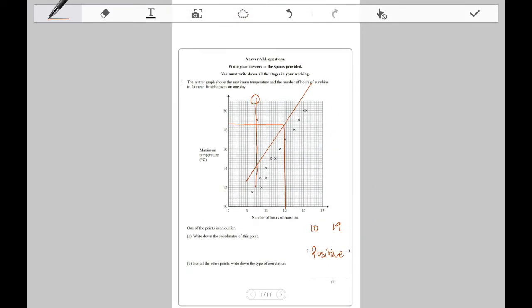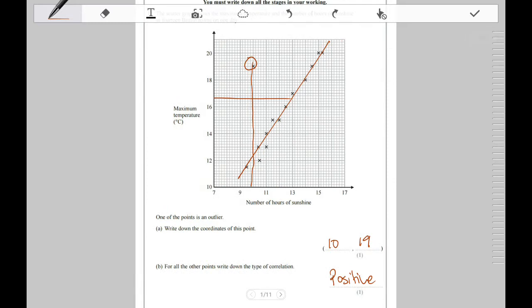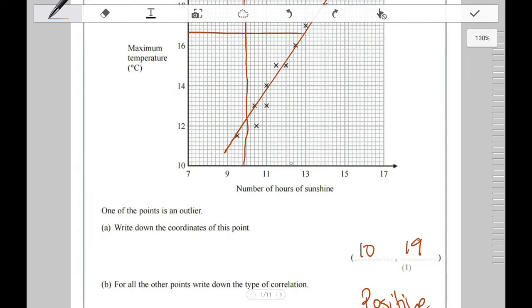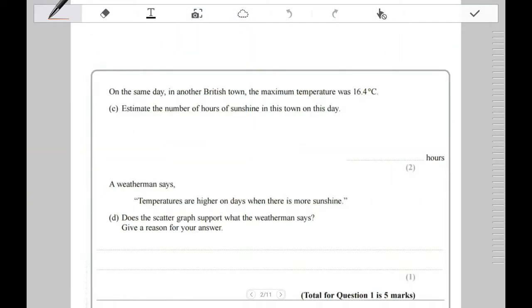Now, if you look at the mark scheme, it seems the graph has moved again, but it does give you a bracket. As long as you're within these two numbers, any number between 12 and 13, in my case, I can write 13 hours.